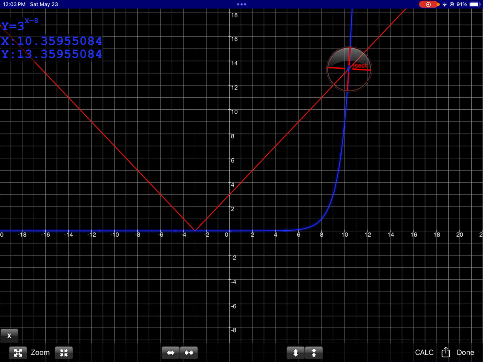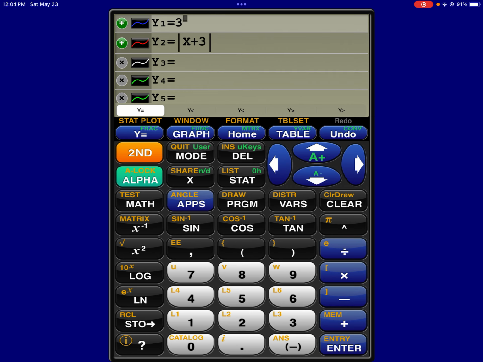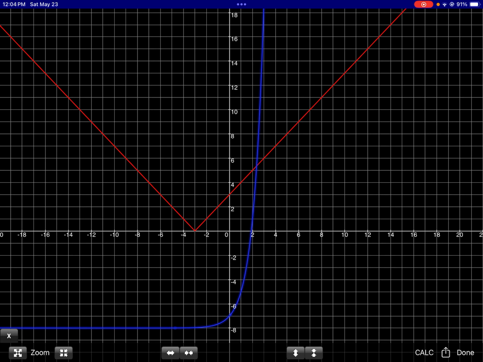Hold on, let me just double check that I did this right. Ah, I didn't. Look what I did. I messed up. 3 to the x, minus 8. There we go. Okay, now that should make sense.